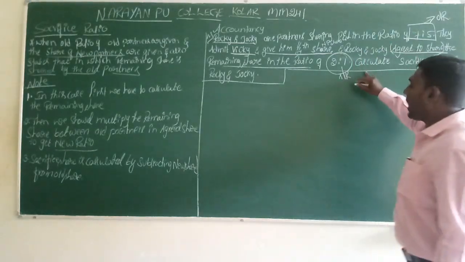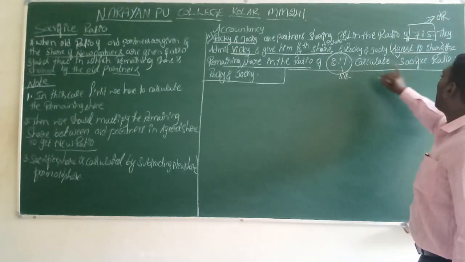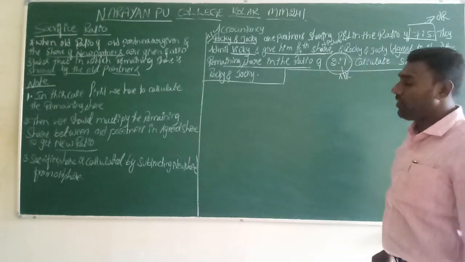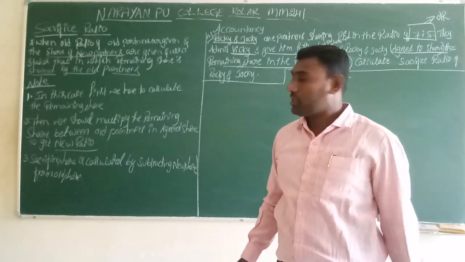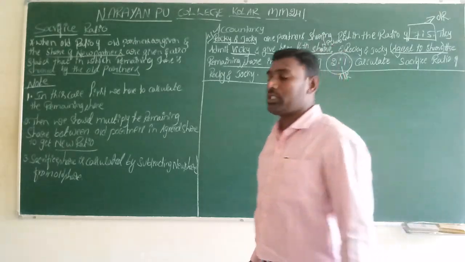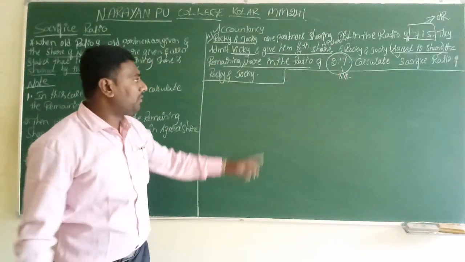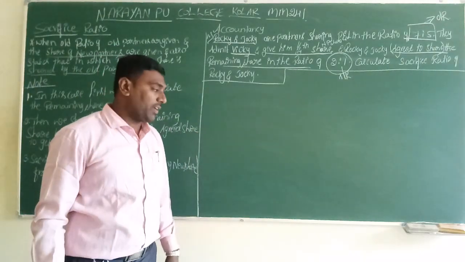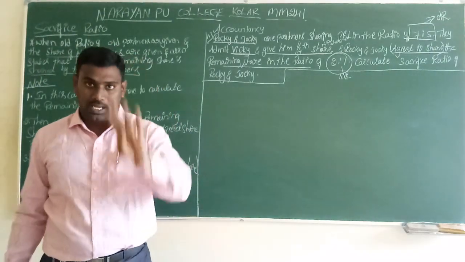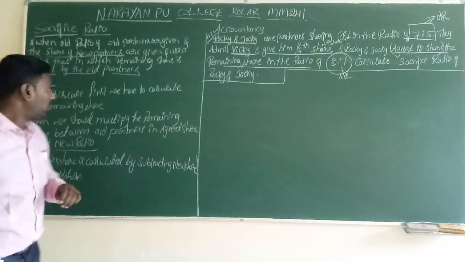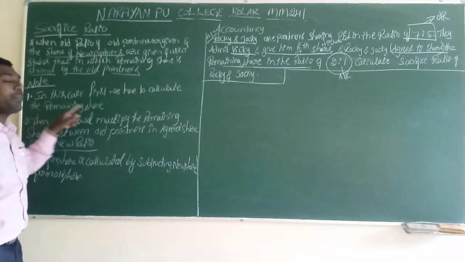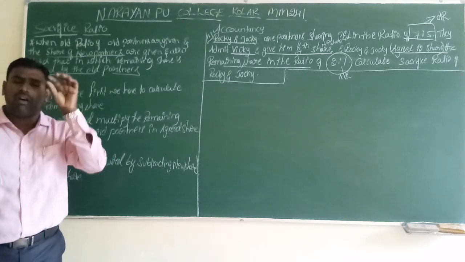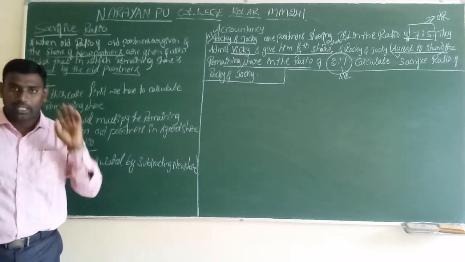With the help of this information, we have to calculate the sacrifice ratio of both Rocky and Jockey. This is the information available in our question, and with the help of this we calculate the sacrifice ratio by following 3 steps. Step number 1, always calculate the remaining share.